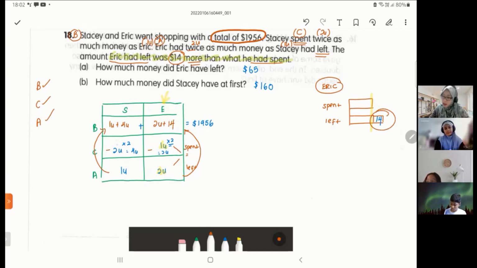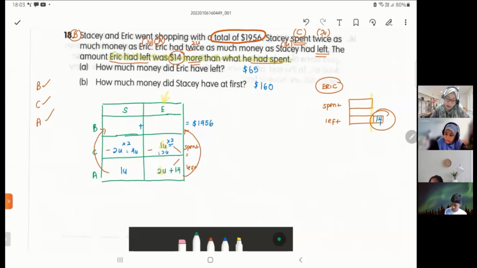So Stacy will be a total of, wait, let me double check. So I rewrite again this one to make it clearer. I rewrite to put in the 14 first to make you more clear. This one is plus 14. This one got extra, right?